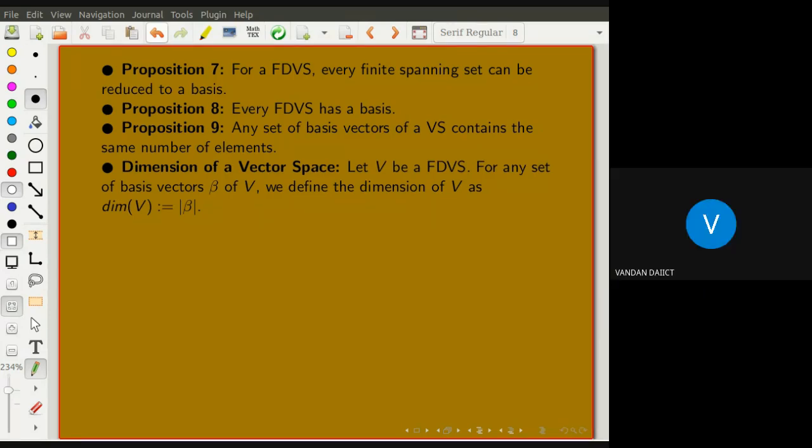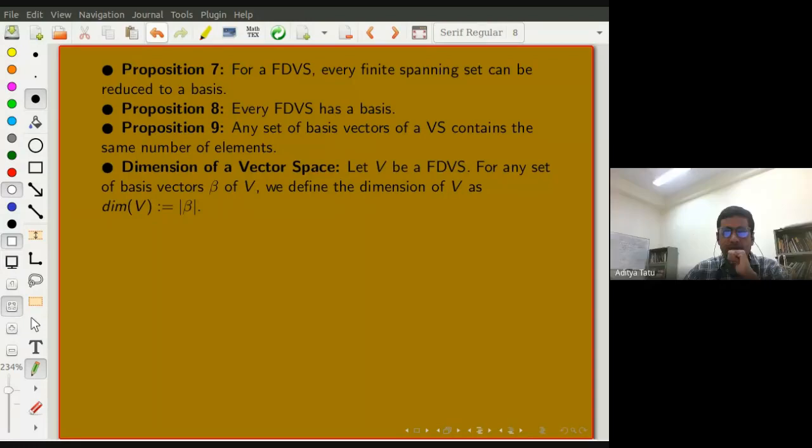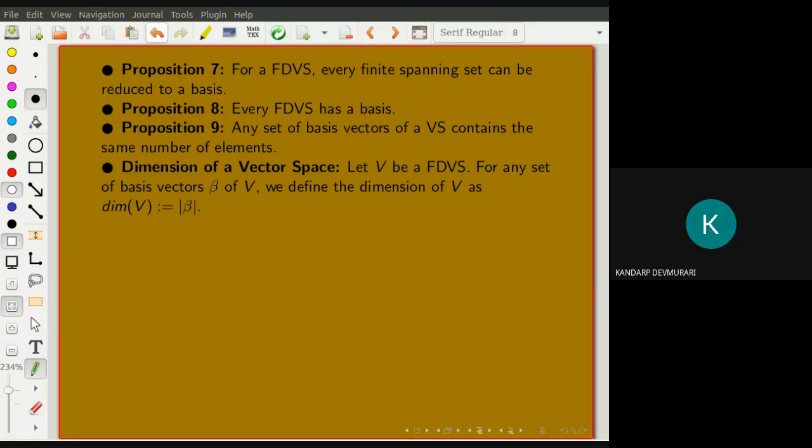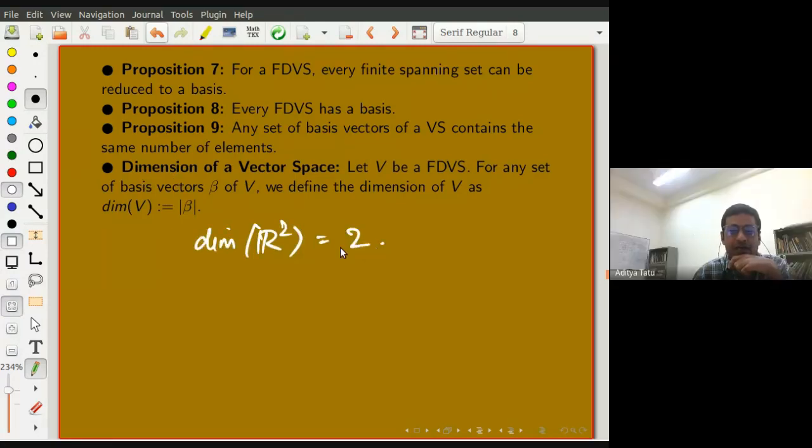Yes, sir. So what is the dimension of R2? 2, right? Almost a stupid question. Now you see that the dimension of R2 is 2, not because of these two, but the definition now says that it should be 2.